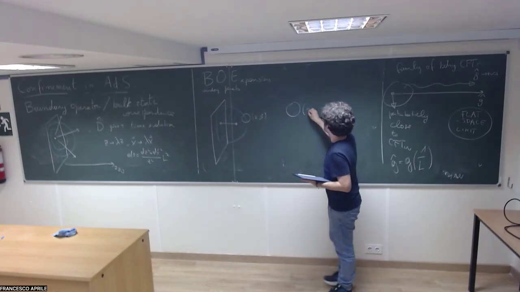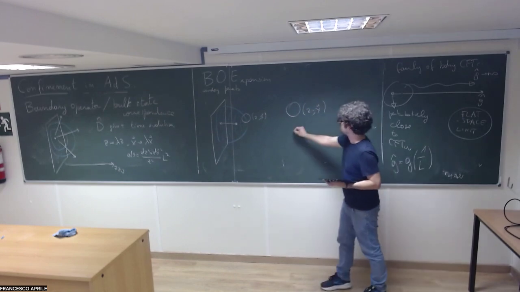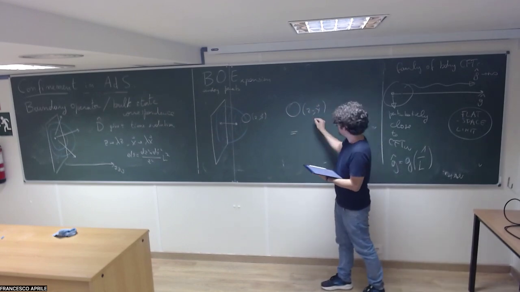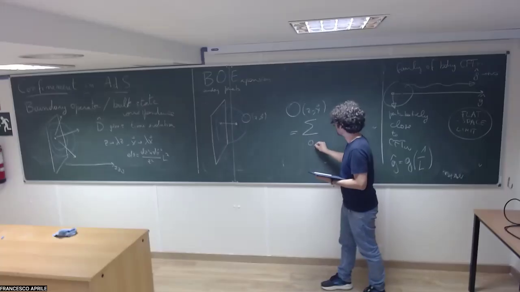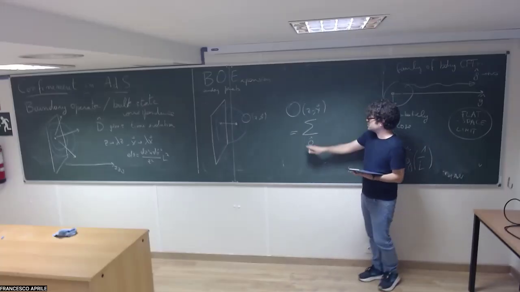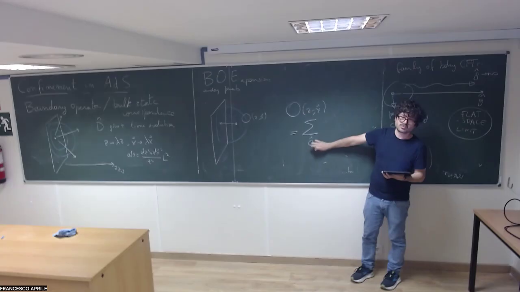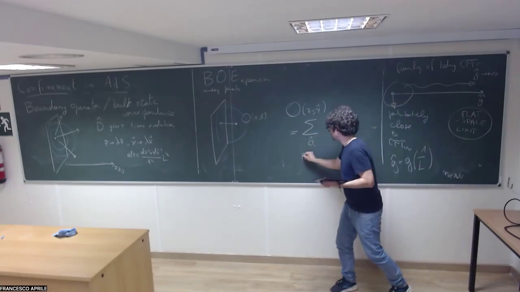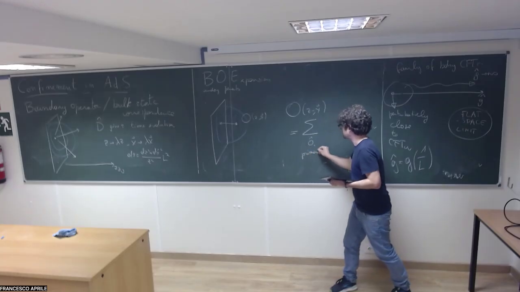So what this produces for you is an expansion of this form, a sum over boundary primaries. Sometimes to distinguish boundary operators we put hats. I will not be super consistent with this, but in this equation I will put them to distinguish.